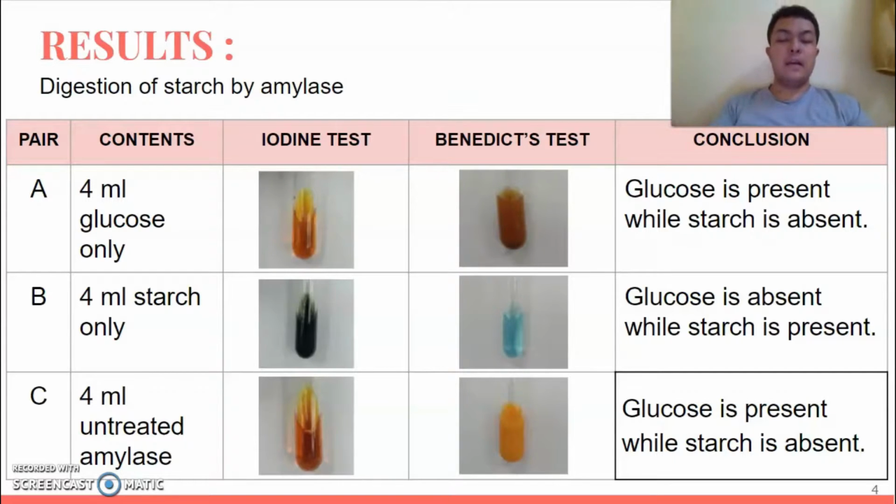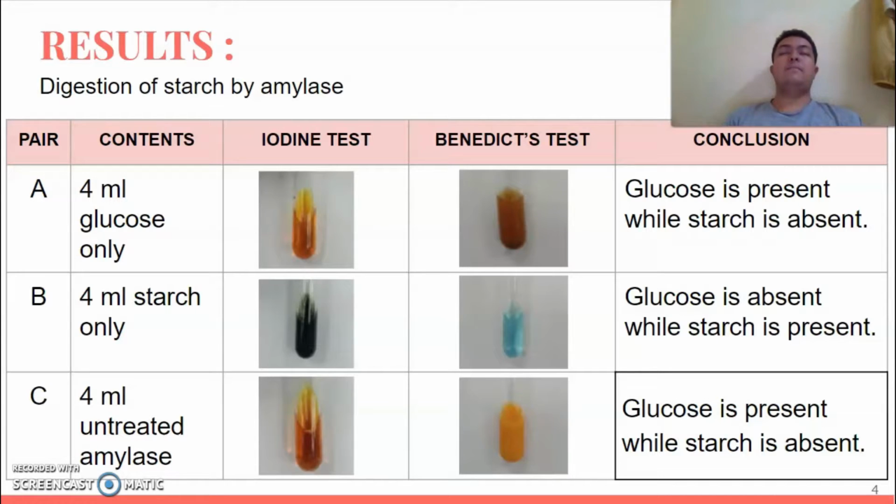The iodine test shows no reaction while the Benedict test forms a brick red precipitate, concluding that glucose is present while starch is absent. In test tube pair B, only 4 ml of starch is placed into it, and iodine turns blue-black while Benedict solution doesn't react. It shows that glucose is absent while starch is present.